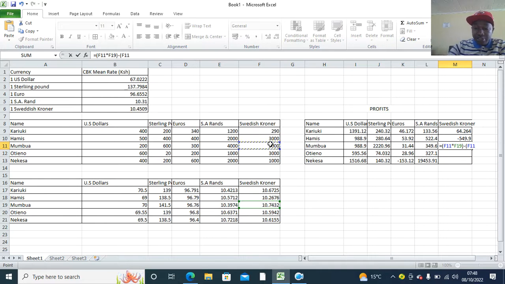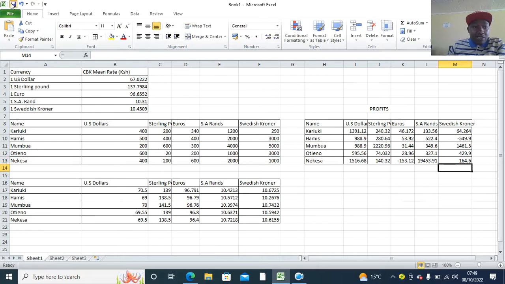We have Mumbwa again, multiplied by that one, close the bracket, enter, equals, again open the bracket, we have Otieno multiplied by Otieno's value minus, open the bracket, Otieno multiplied by the Swedish krona, enter, then equals to, open the bracket, we have that one multiplied by the last value here, minus, open the bracket, we have that one times that one, close the bracket, enter.